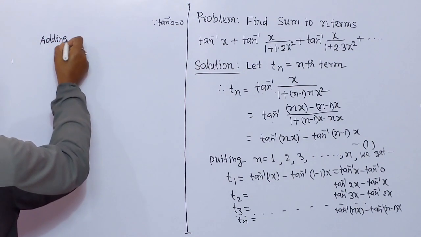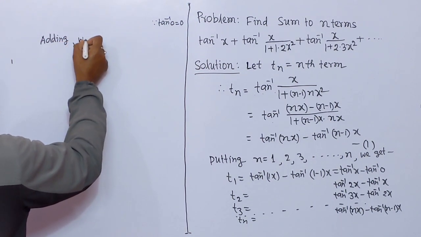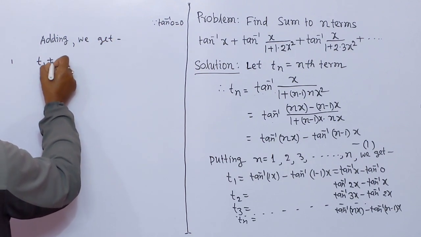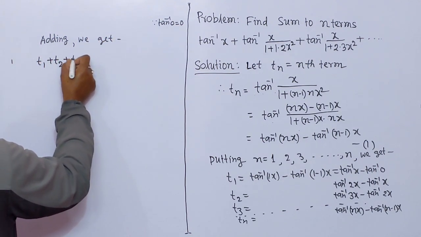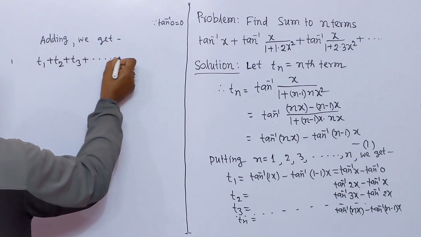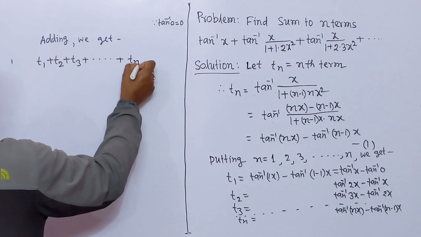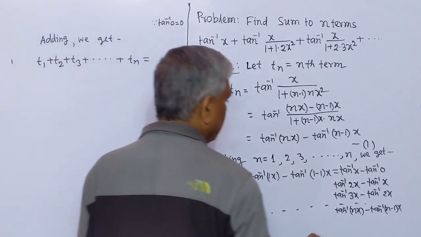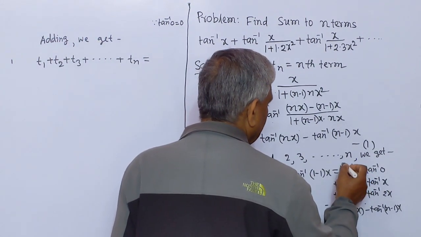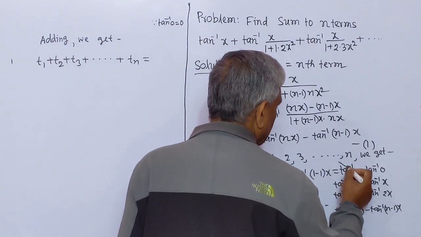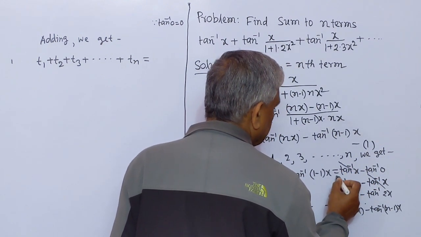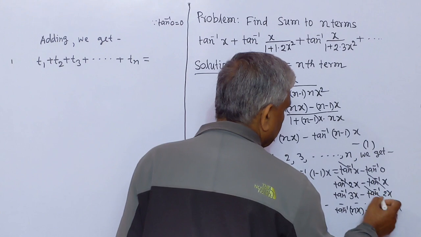Adding, we get T1 plus T2 plus T3 plus dot dot dot plus Tn equal to, here we see that we may cancel tan inverse x, tan inverse x, here positive, here negative, tan inverse 2x positive, tan inverse 2x negative.